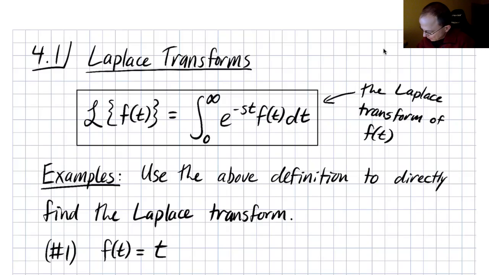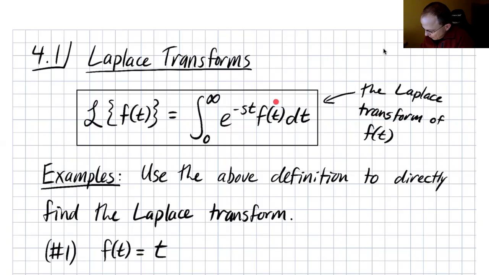So this is the Laplace transform of a function. You notice, first of all, that it's an integral from 0 to infinity. And we are integrating the function f of t, but we're multiplying that by e to the minus st. If s is positive, then this function will go to 0 quite rapidly.